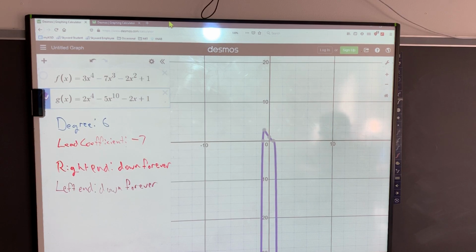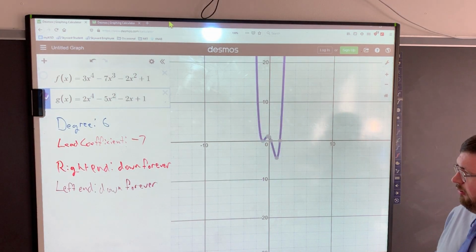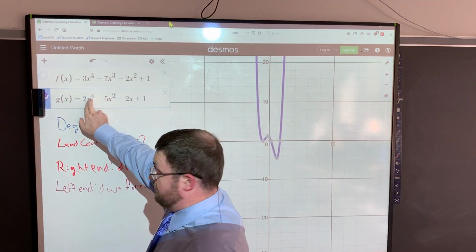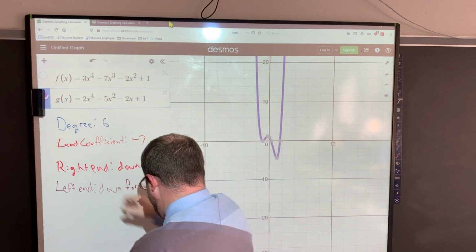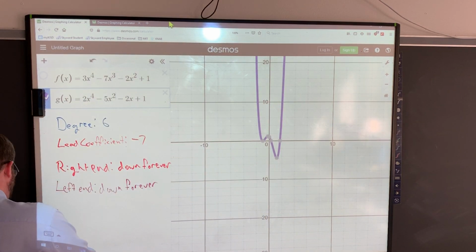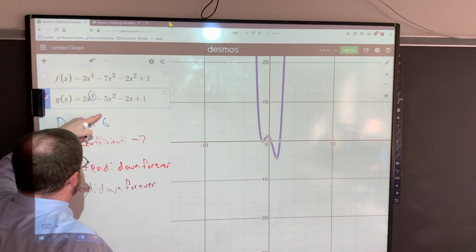If I change this to an exponent of 2, that does change the end behavior, and the reason why is 2 is not my highest exponent, 4 is my highest exponent. So if I do this, my degree is now that 4.